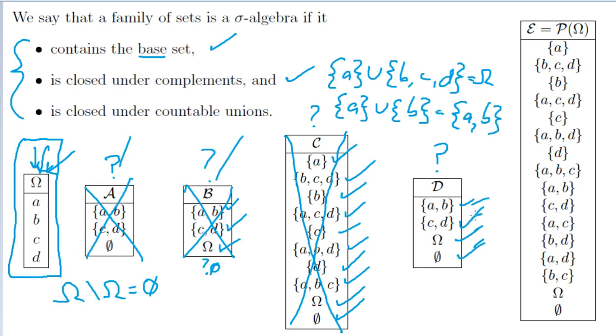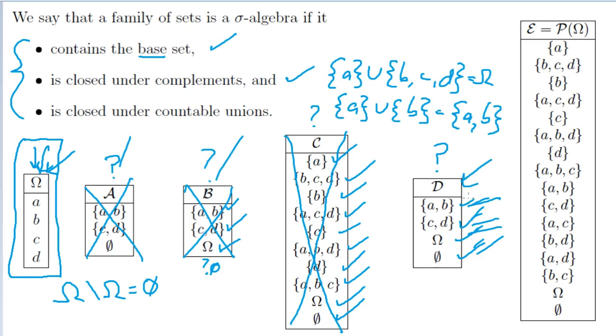It's a finite number. Even if we had an infinite number of elements, we could still take a countable union of all of those. In other words, we can have as many elements here as are in the natural numbers, take the union of them, and they would still have to be within this set here in order to qualify as a sigma algebra.